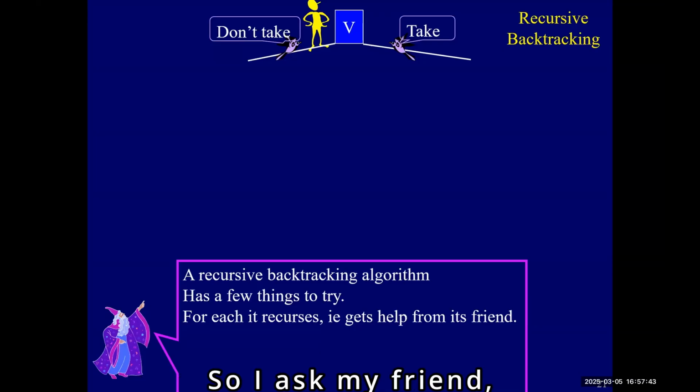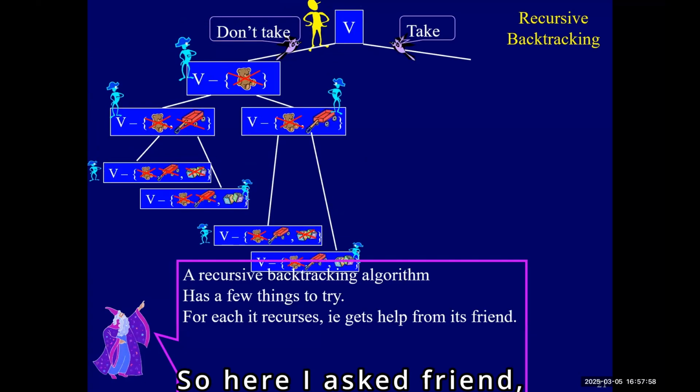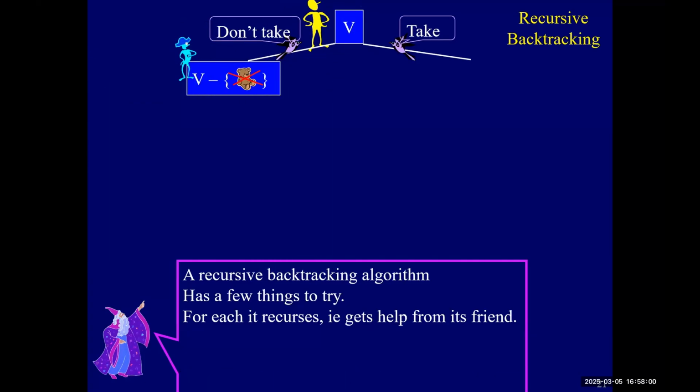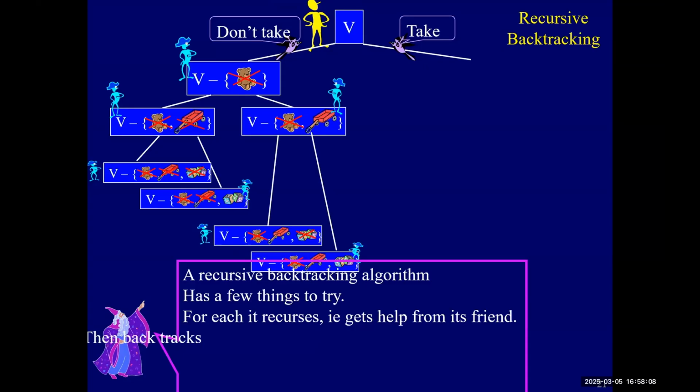So I ask my friend, how do I put all of these n-1 objects into the smaller knapsack? It's a smaller problem. And that's where you're recursing to get help from your friends. So here I ask, friend, tell me how to fill the knapsack when there's no bear. And the friend does it all and gives me the answer.